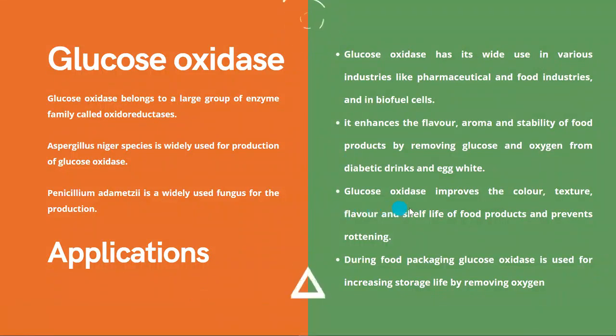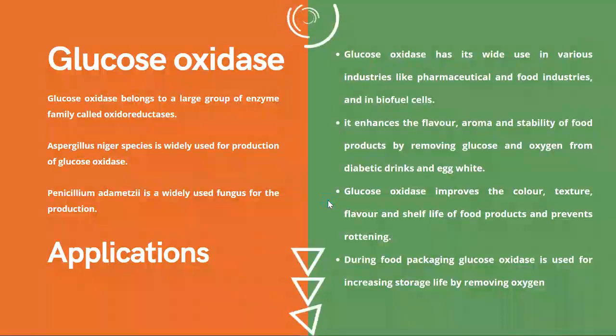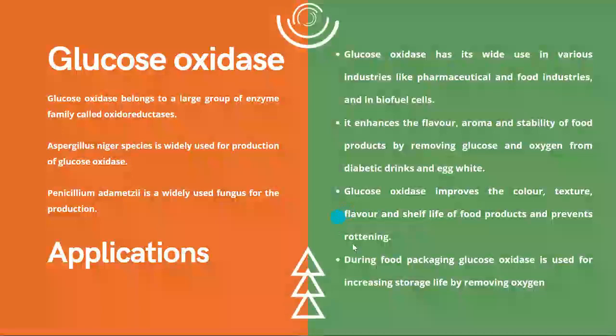Now coming to the third point, it improves the color, texture, flavor, and shelf life. Again, it's a repetition. We have talked about this in our previous slides as well. And the fourth point, during food production, it is used for an increased storage life by removing oxygen. Since it's known as oxidoreductase, it removes the oxygen from your food.